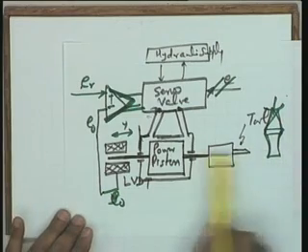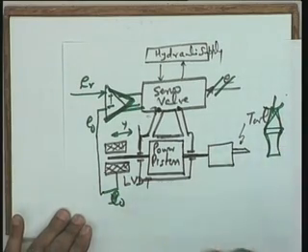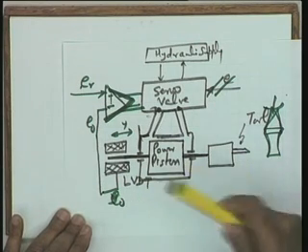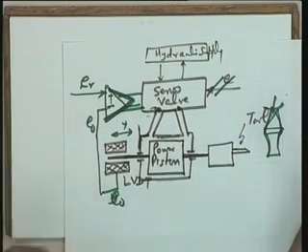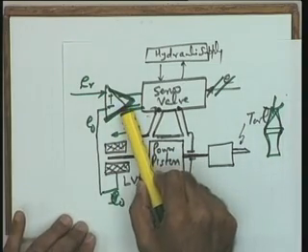Actually, to have a suitable motion over here, you will require a suitable type of PID controller. Realizing a PID controller using mechanical or hydraulic hardware is going to be less accurate and more difficult compared to electronic hardware.